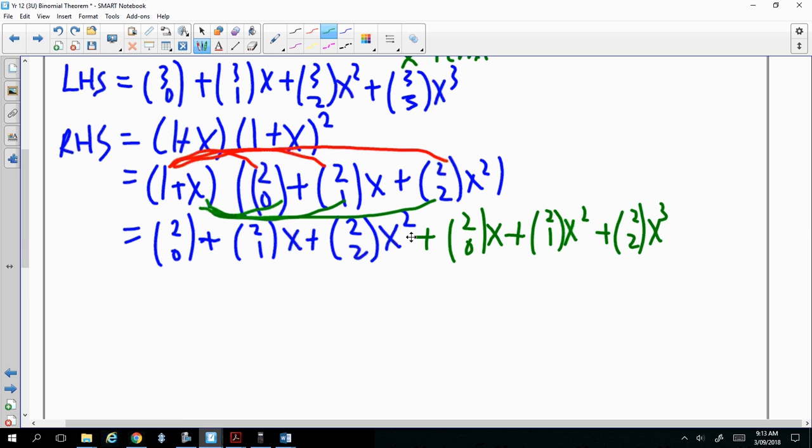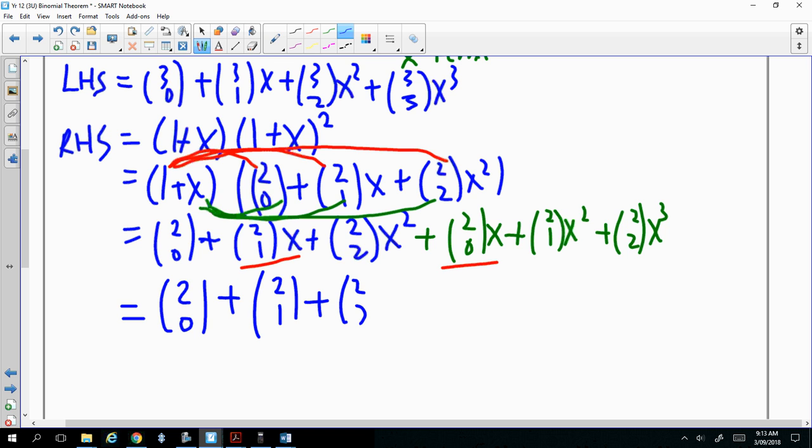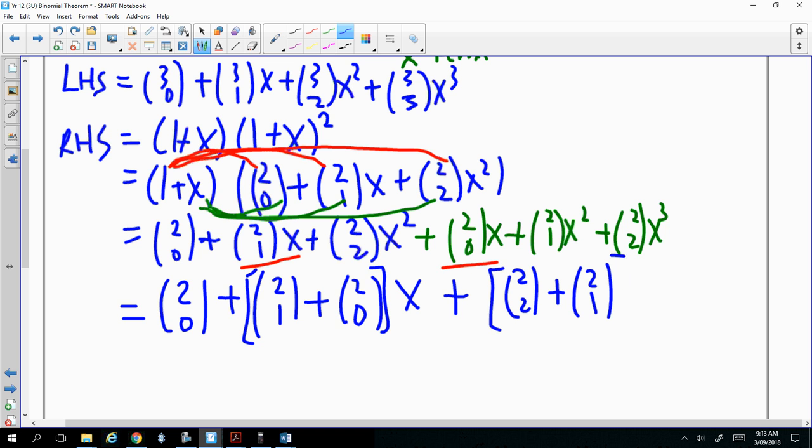The two like terms are these two. So you write it as plus (2,1 plus 2,0) x plus (2,2 plus 2,1) x squared plus 2,2 x cubed. Okay, we expanded both the left side and the right side.